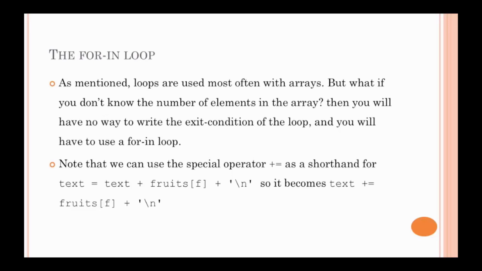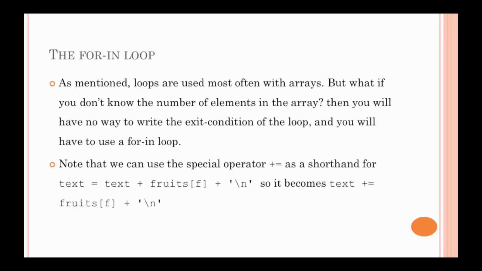You don't have the condition by which the loop will stop, and you don't have the number of iterations you wanted to execute. This is most commonly used when you have an array with an unidentified number of elements, and you want to loop through all these elements, so we will do a for in loop.